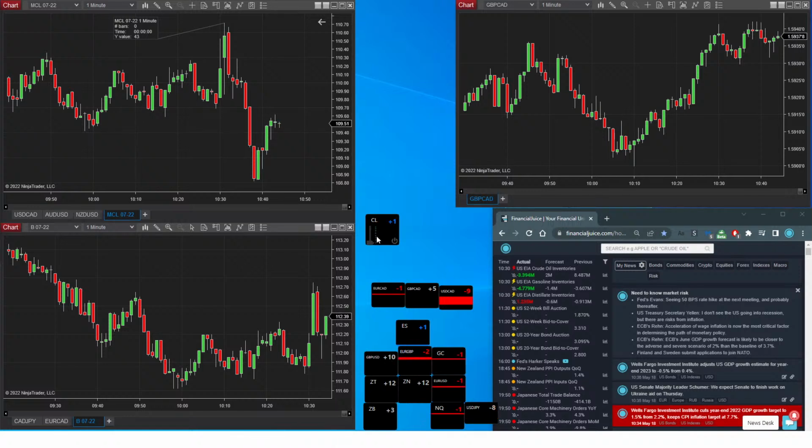If you don't want to see the small moves happening in the markets, and you're looking for maybe stronger momentum, you can adjust the level of sensitivity to do that.